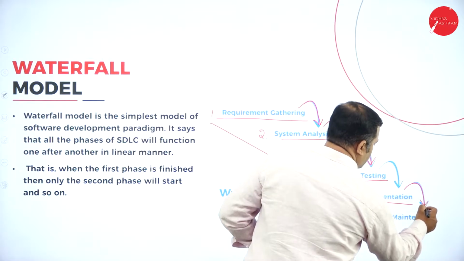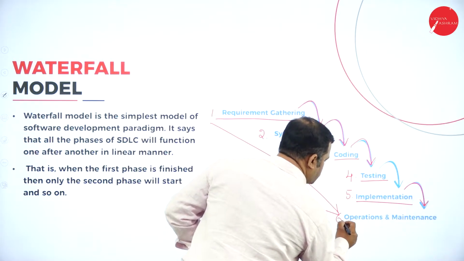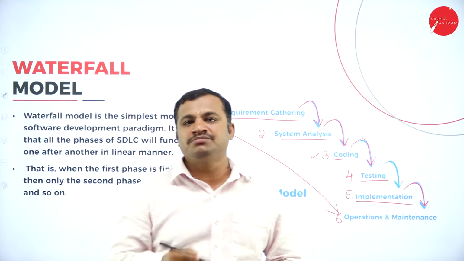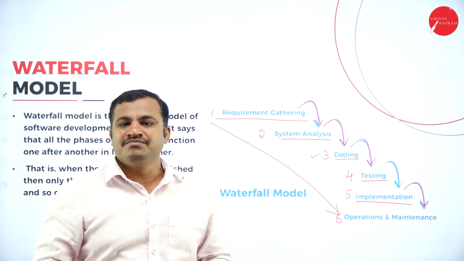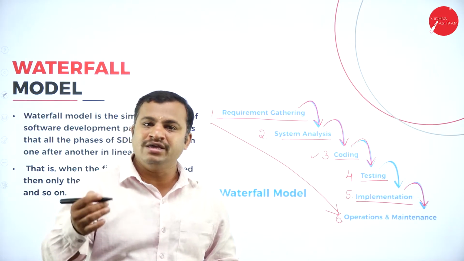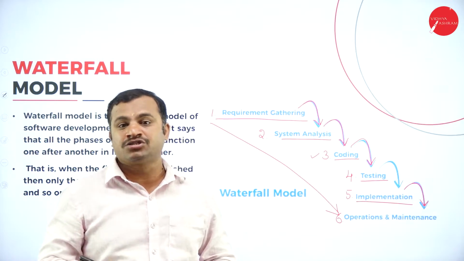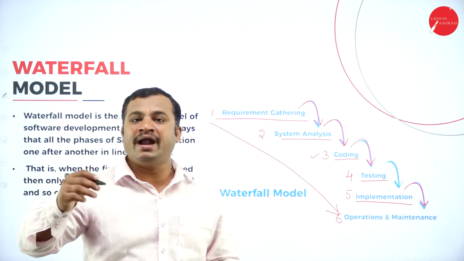From here to here, you will observe the operations and maintenance. Once it is delivered to the customer, we will go to the customer's place and check whether the software product is working according to the requirements at the client's place. That is called operational and maintenance.